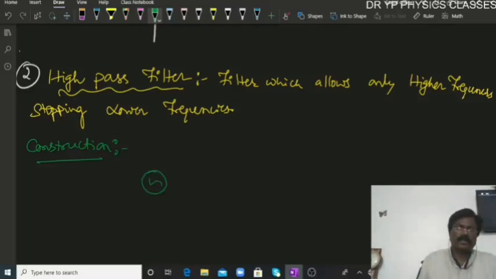So we have an input AC source, and it is connected to a capacitor, and then it is connected to a resistor in series.